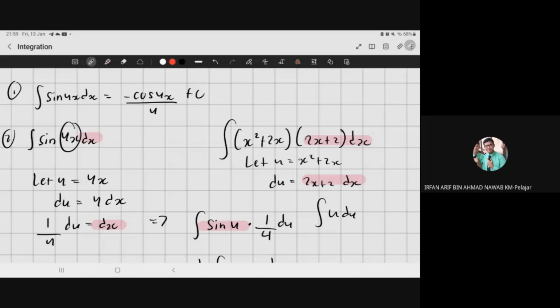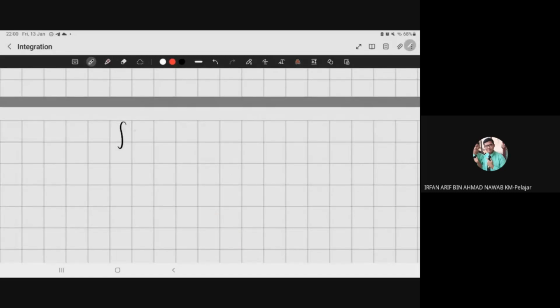But here I have another one. Let's say you integrate 2x times sine of x squared. How do you solve this? None other than substitution. You let u equal x squared, and then differentiate with respect to x, you get du equals 2x dx.